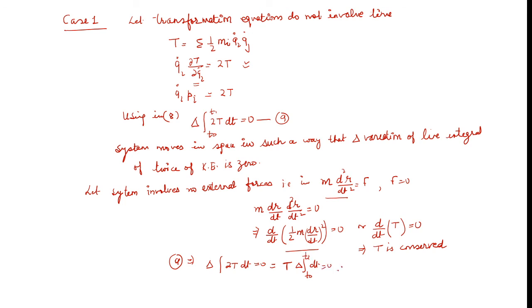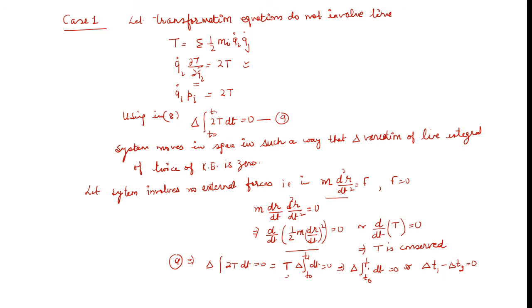That is, T is conserved, T cannot be 0. So delta of the integral from t0 to t1 of dt is 0, or this is nothing but delta of (t1 minus t0) is 0.